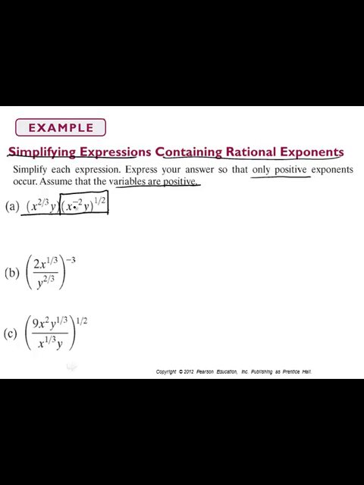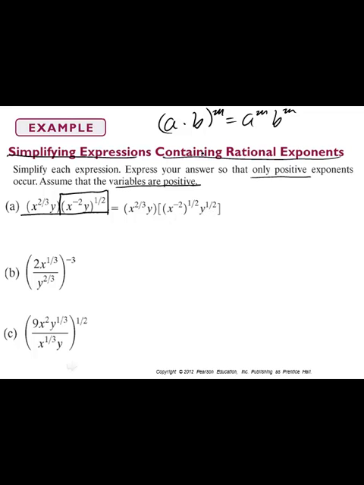So you are going to use the fact that you have a times b raised to some power, call it n. That's the same thing as a to the nth power times b to the nth power. Okay, so you're going to distribute this power of 1/2 to each of the x to the negative 2 and to the y. Right, like we're doing right here.